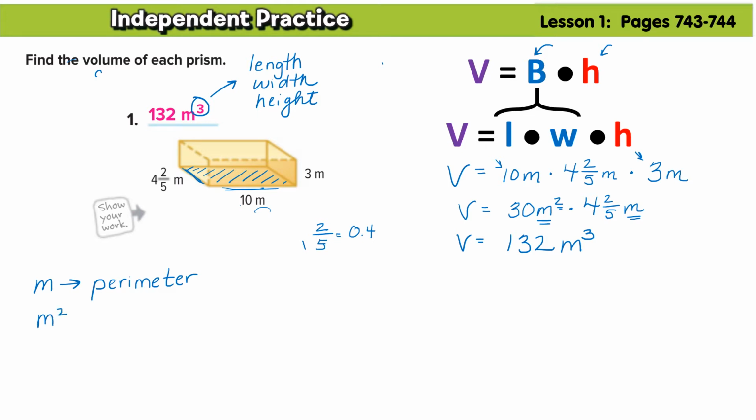Meters squared is area, which is length times width. And then meters cubed is volume, and that's length, width, and height. So it all depends on how many dimensions you're using to calculate what you're calculating, perimeter, area, or volume.